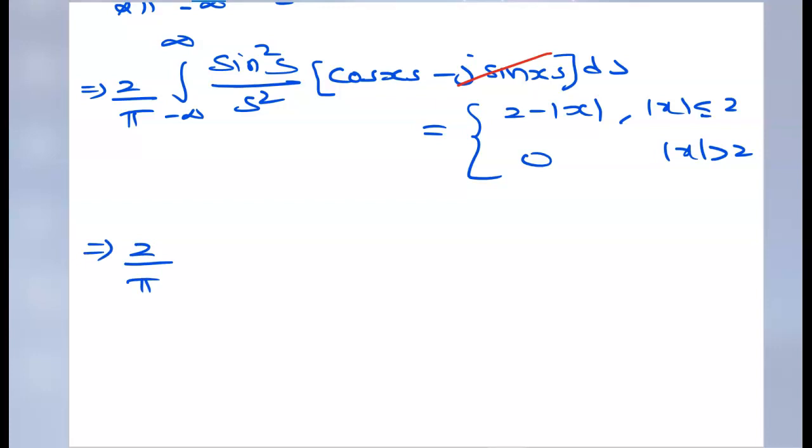So the cosine integral becomes 2 times the integral from 0 to infinity, instead of minus infinity to plus infinity.